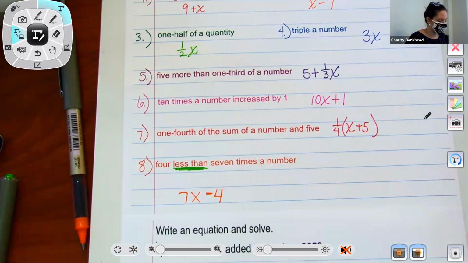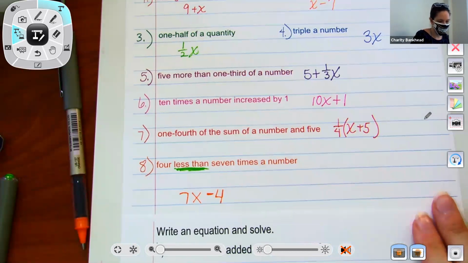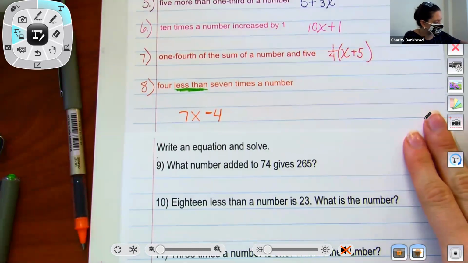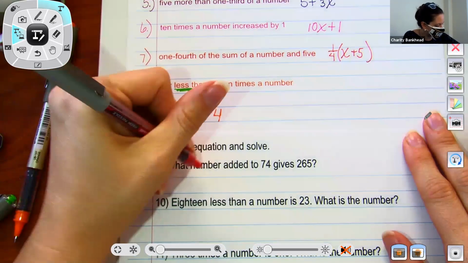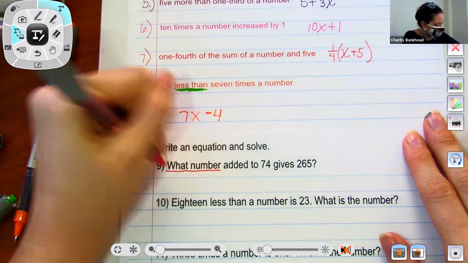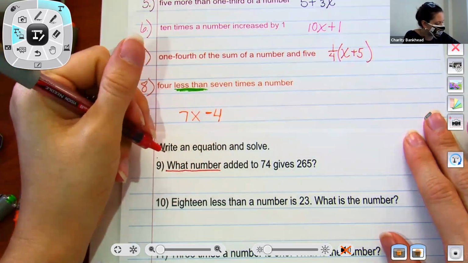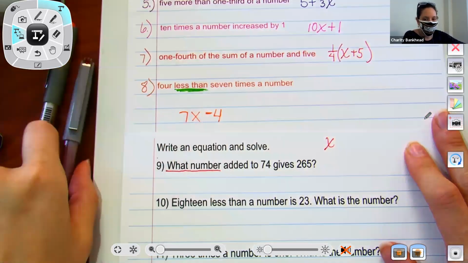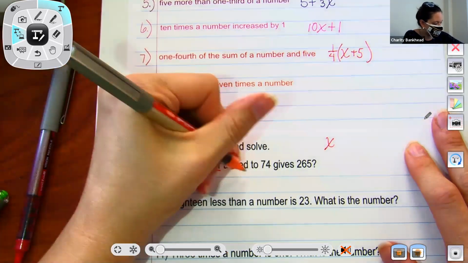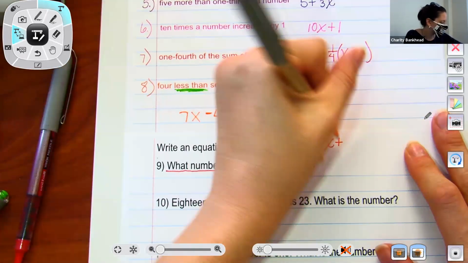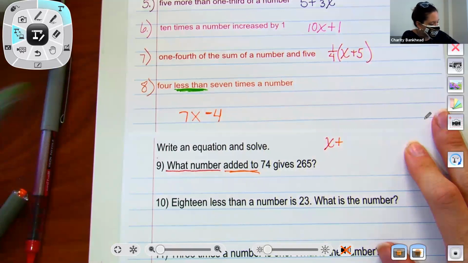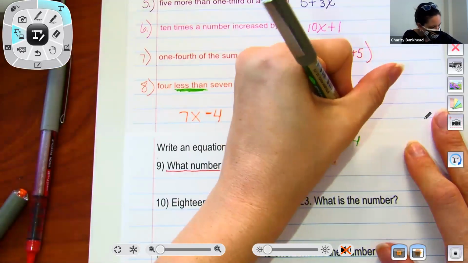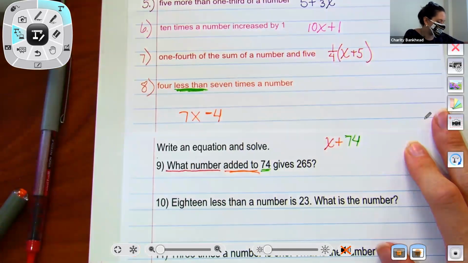All right, so write an equation and solve. Okay, so what number? That means we're going to write down X, and then added to, so that would be plus 74, gives 265.